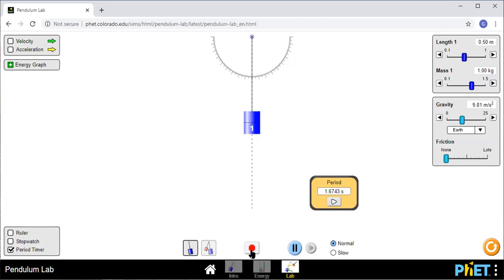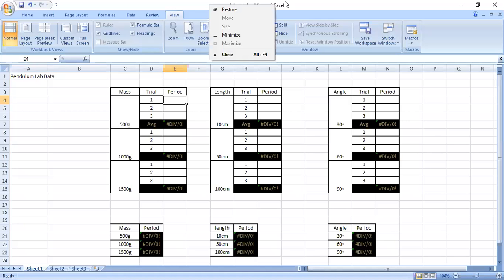Okay, so we're going to open our spreadsheet and put our data into it. Ideally, you would be doing this yourself.